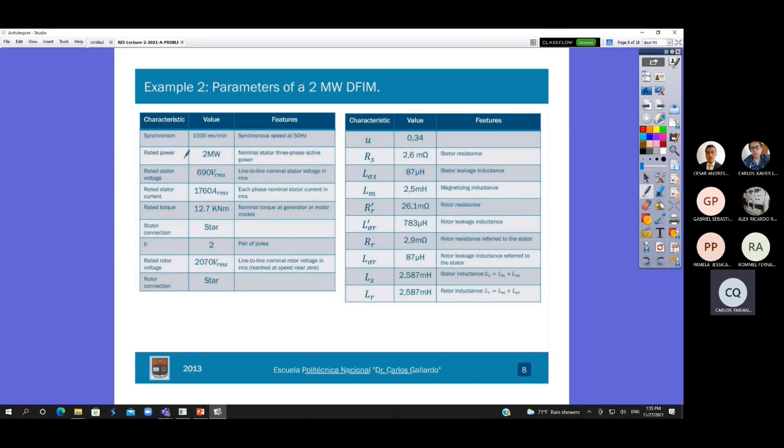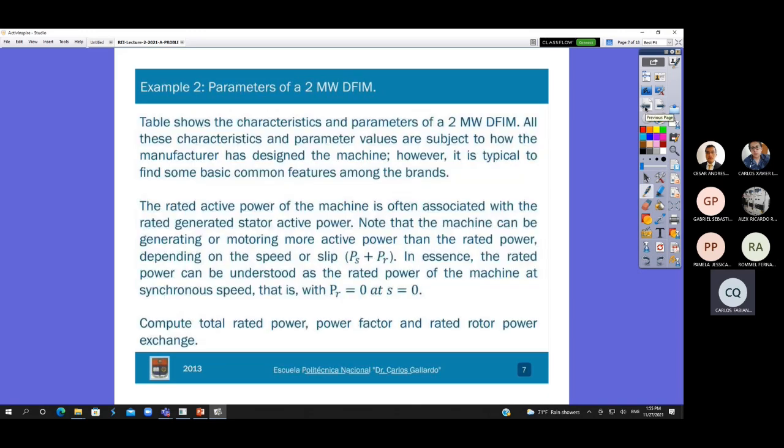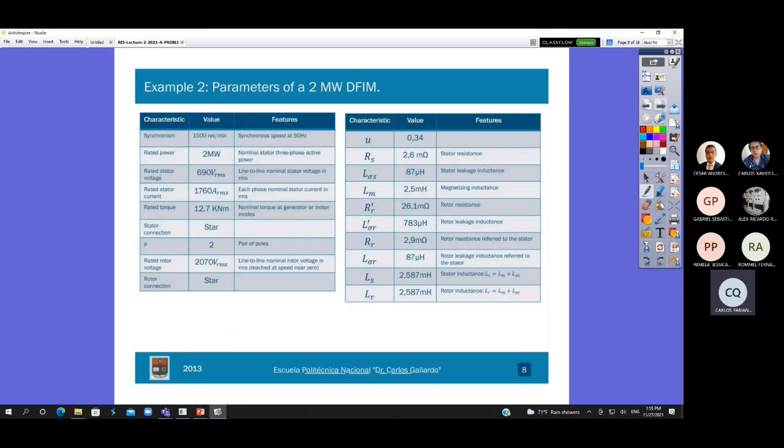Okay, so pay attention. Once again, this is the rated power, 2 megawatts. I will have the rated stator voltage. So I need to compute the mechanical power. Do you remember we have an approximation, right? So the mechanical power is equal to the stator active power plus the rotor active power.